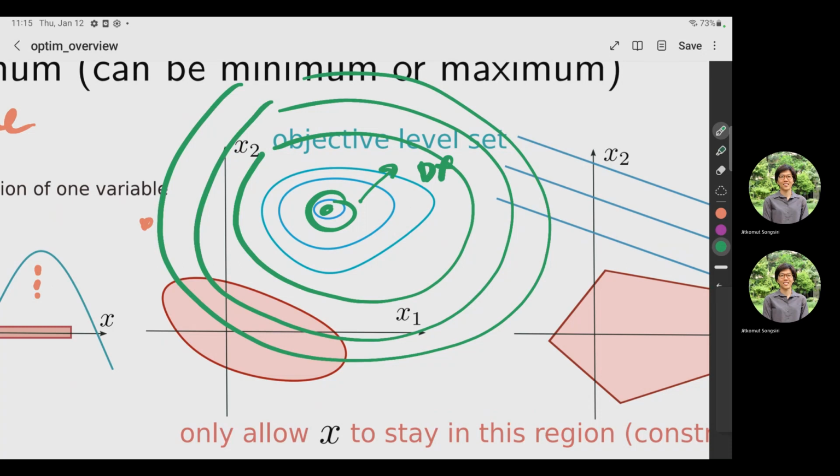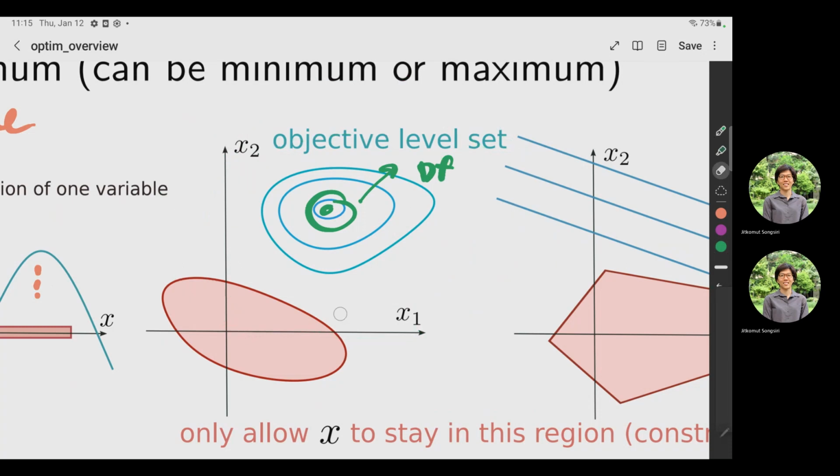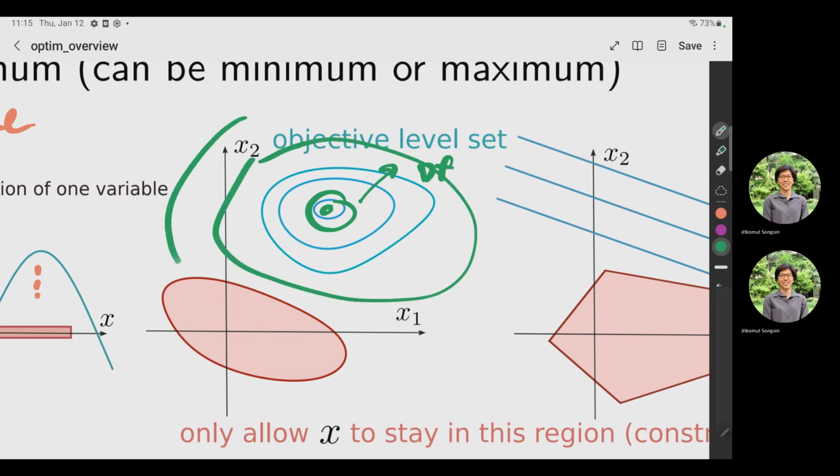The contour in this example, the greater the contour, the greater value in f. So you prefer the contour to be small, right? But you want to stay on the constraint as well, which means, should I pick the purple one?